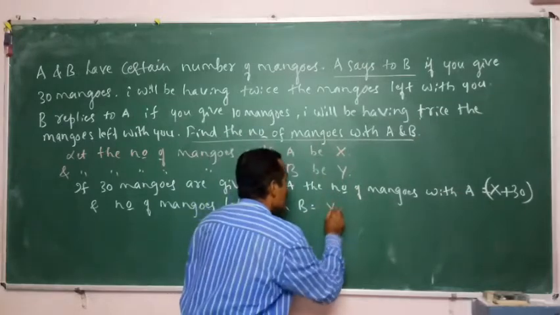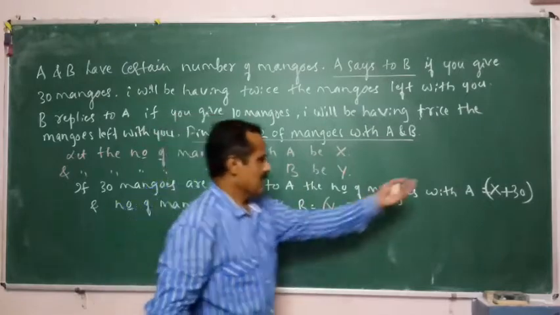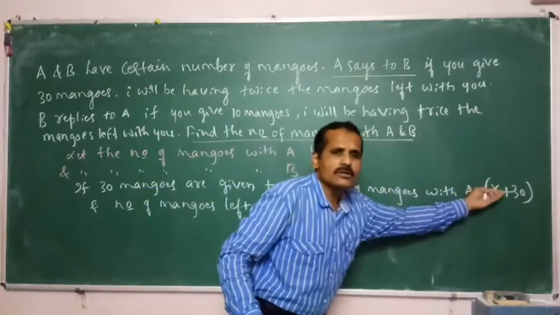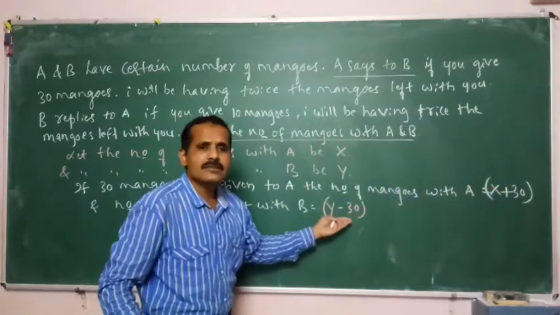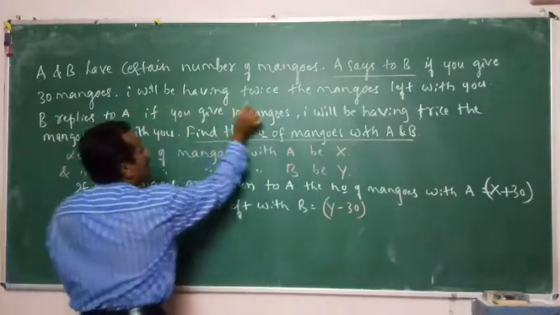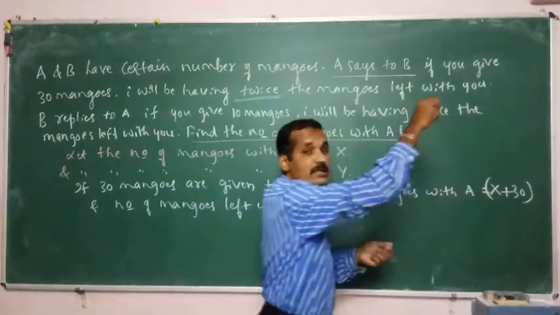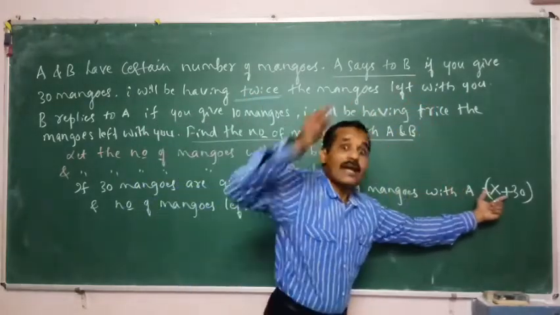It is y minus 30. This is a simple equation. Here 30 more, naturally here 30 less. What they say? With this, A will be having twice the mangoes left with B.